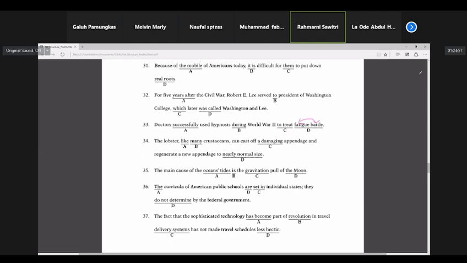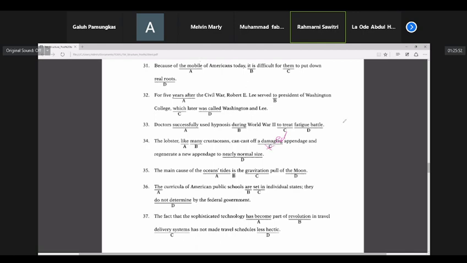The incorrect one is not C. Let's see: regenerate an appendage to nearly... Oh, it should be "to nearly a normal size," so we need to add an article. Damaged appendage means an appendage that is damaged, not one that damages.